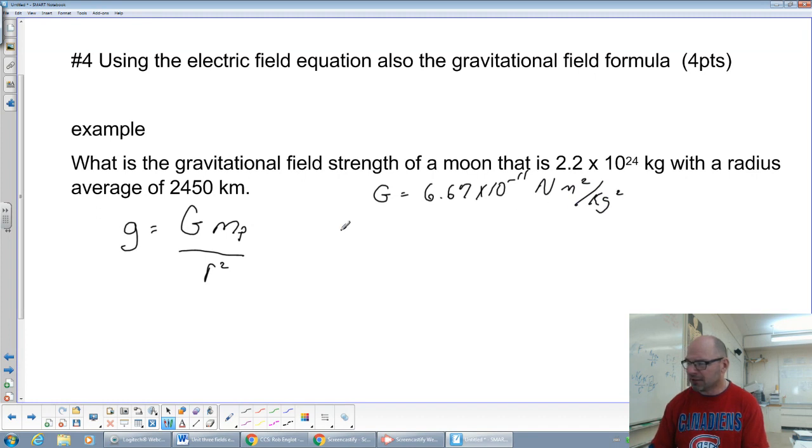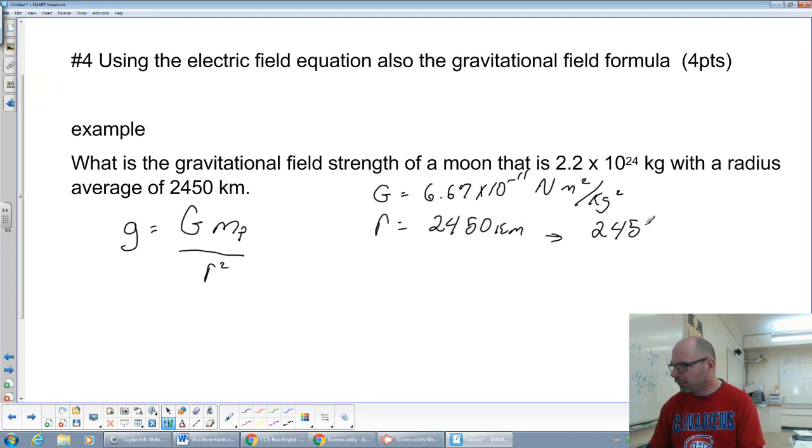The mass is already in kilograms, we're good there. But this radius is in kilometers, so we have to change the radius from 2,450 kilometers into meters, multiplying by 1,000, since there are 1,000 meters in a kilometer. Once we have that, we have the mass of the planet already given, and we just plug in the numbers.